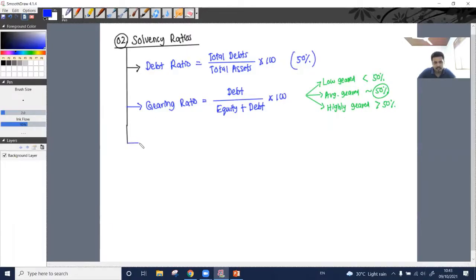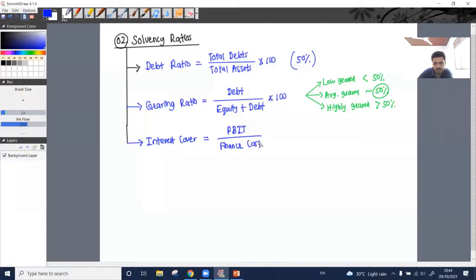Then another solvency ratio is interest cover. That is calculated by dividing the profit before interest and tax by the finance cost or interest.